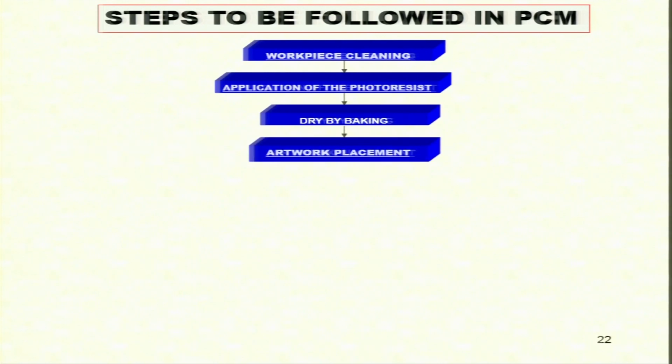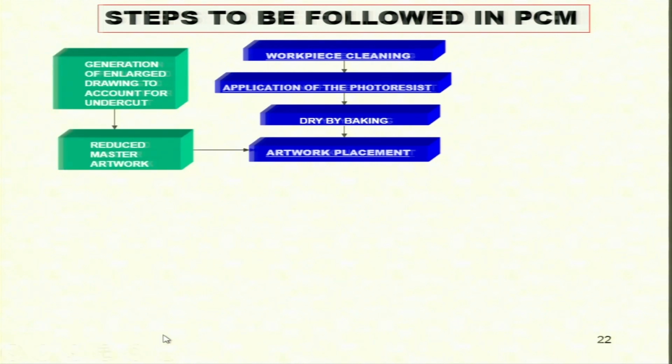Steps to be followed in photochemical machining, that is PCM. Workpiece cleaning, we have already seen them. Application of the photoresist, dry by baking or heating, artwork placement over the workpiece, that is the generation of enlarged drawing to account for undercut, then reduce this enlarged drawing as master artwork so that undercut is taken care of.